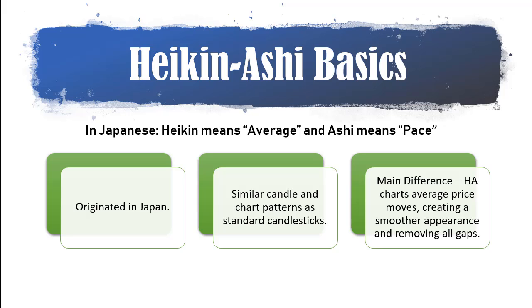The main difference between the Heikin Ashi and a regular candlestick chart is that they're an average of 2 trading days, or 2 periods, I should say, put together to provide a smoothing effect to the chart. It smooths everything out. What you'll notice in a Heikin Ashi chart is there are no gaps, and there never will be a gap in a Heikin Ashi chart, by the way they are calculated.